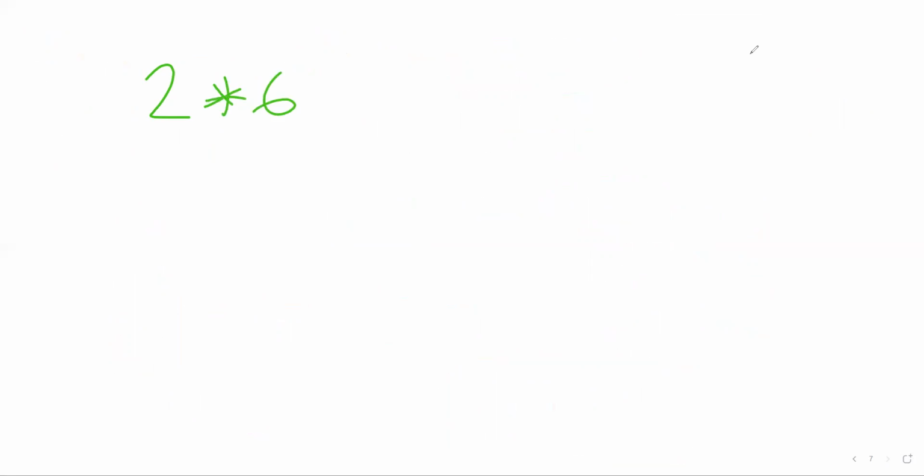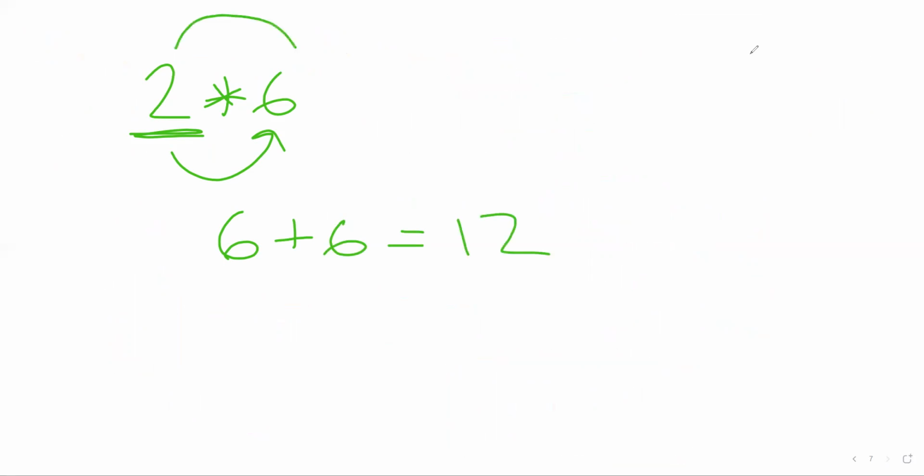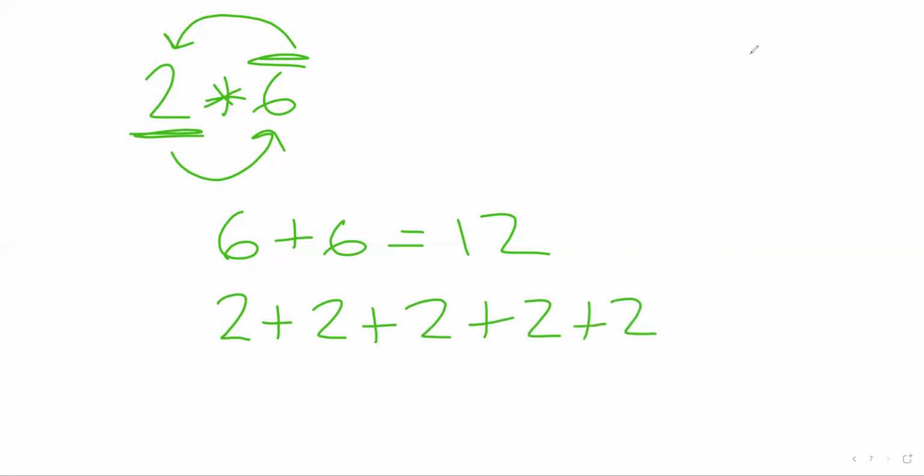What that's stating is I have 2 groups of 6. That could be written as one group of 6 plus another group of 6, which is 12. It could also be stated that I have 6 groups of 2. So 1, 2, 3, 4, 5, 6, which would be 2, 4, 6, 8, 10, and 12.